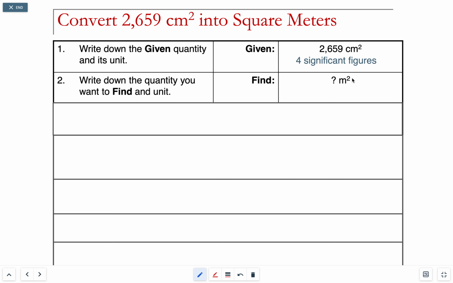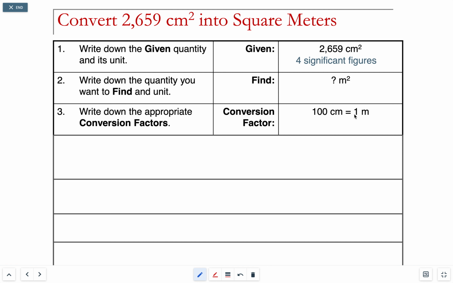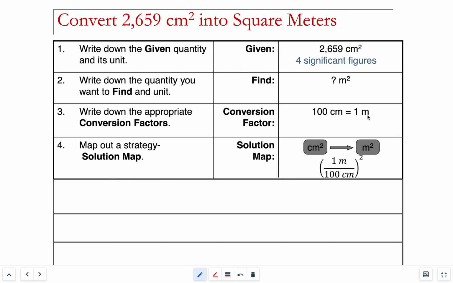So you start with this relationship, that there are 100 centimeters in a meter. And again, I'm not going to give this to you on the test. But we need to know square centimeters to square meters. So we convert this to this relationship, 1 meter divided by 100 centimeters, so that centimeters is on the bottom, and then we square the whole thing.